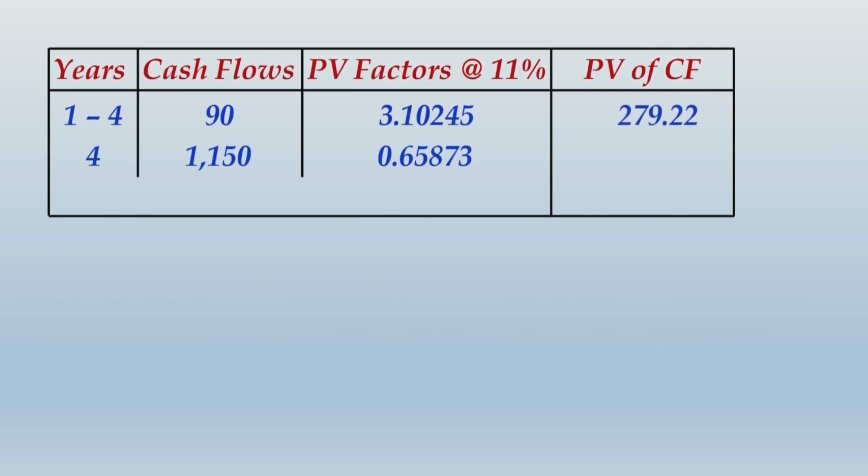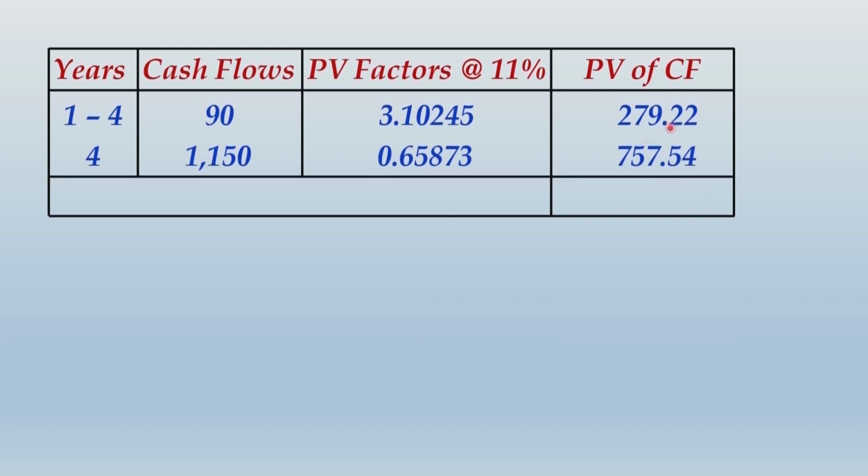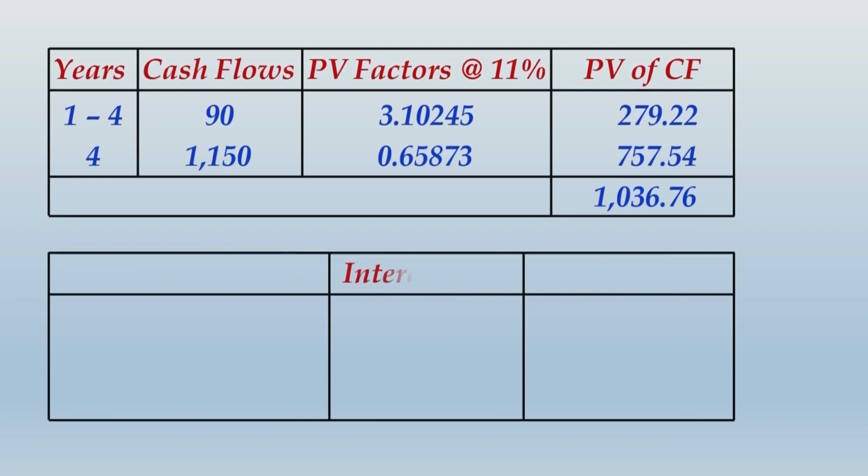So you will find that the present value of interest strip came to 279.22 and the present value of the principal strip is 757.54. When you take aggregate of these two, you get the entire value of the bond. But if you would want to evaluate the strips, whether they are underpriced or overpriced, you would simply make up an additional table.